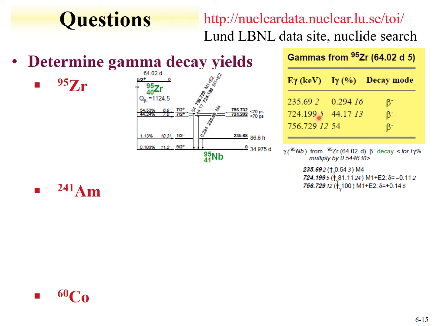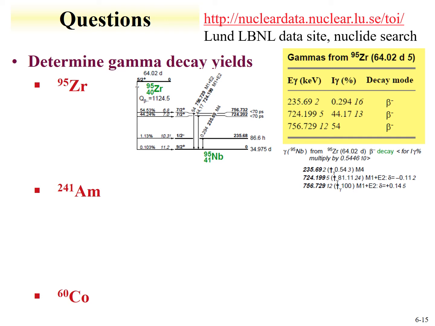The 724 keV photon has an intensity of 44.17%, while the 756 keV photon has an intensity of 54%. So this means that those energy photons are emitted those percentages of the time for every decay.